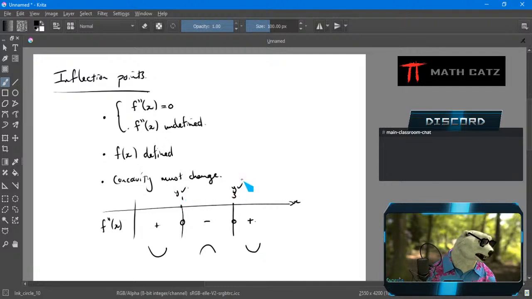It was a polynomial, so I knew it was defined, and we had a change in the concavity every time. But there are examples, not even complicated ones, that show it doesn't have to be an inflection point every time, even though it's in my table and the function's defined there. The bend isn't always going to change.